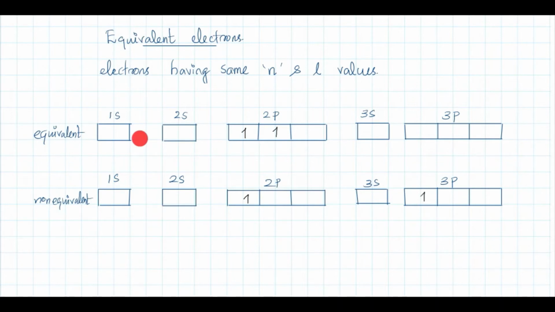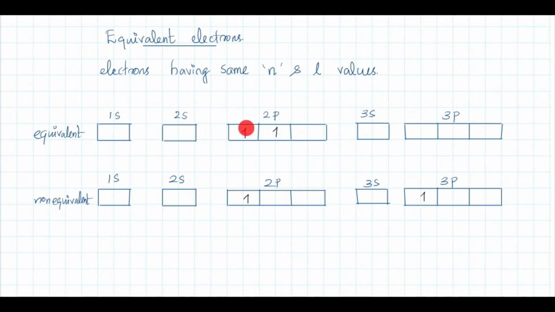For example, if you consider an electronic configuration like this, here you can have electrons, but I am interested only in these two electrons. If these two electrons are in 2p state, then they are equivalent. And if of the two valence electrons, one is in 2p and the other one is in 3p, when the two electrons are excited such that one goes to 2p and the other goes to 3p, they are non-equivalent.